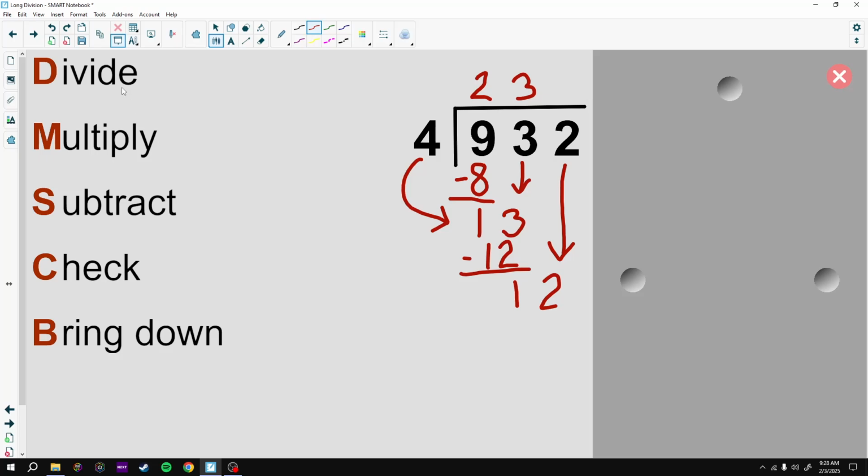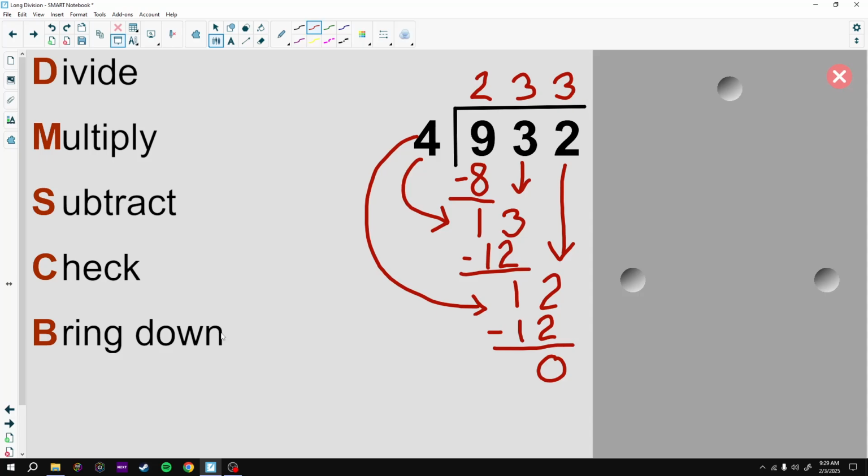Starting over, how many 4s divide into 12? Well, exactly 3, because 3 times 4 is 12. Now we subtract. 12 take away 12 is, of course, 0. Now we check. Is 0 smaller than 4? Of course it is.